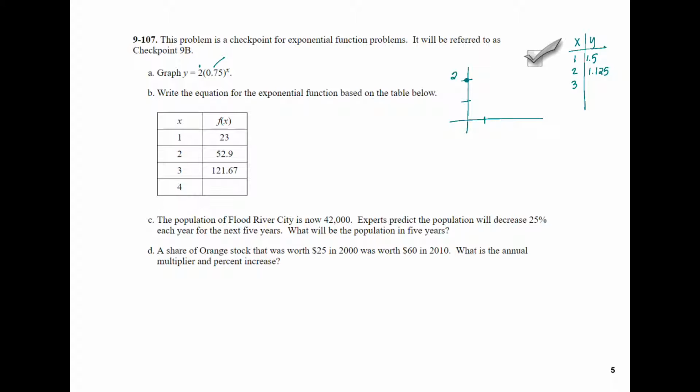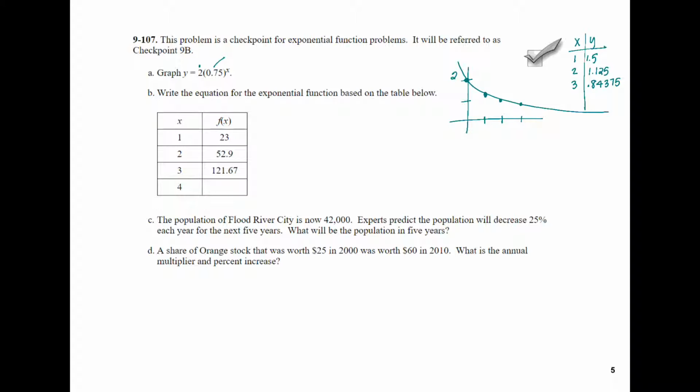And you can see that yes, in fact, it is decreasing. At 1, we're at about 1.5. At 2, we're at about 1.125. At 3, we're at about 0.8. So you can see that your function is decreasing at an exponential rate.